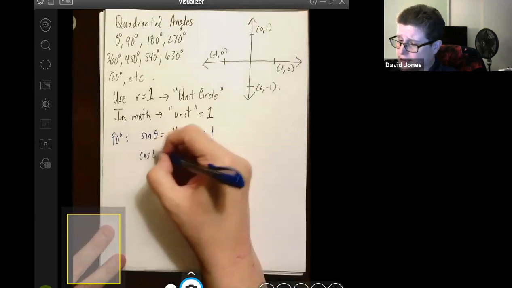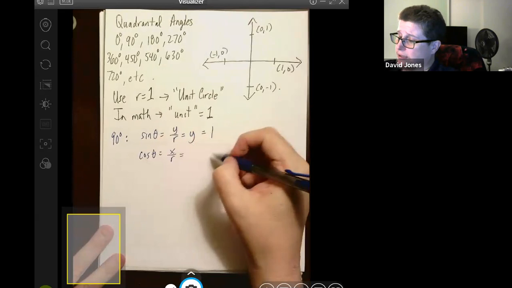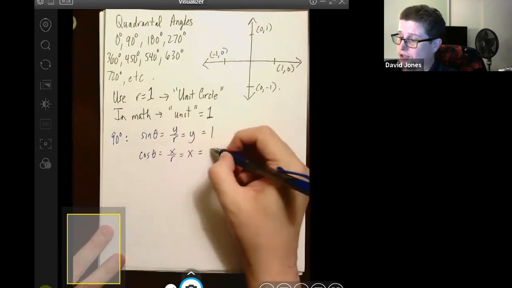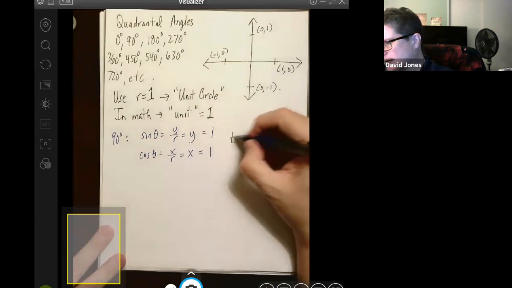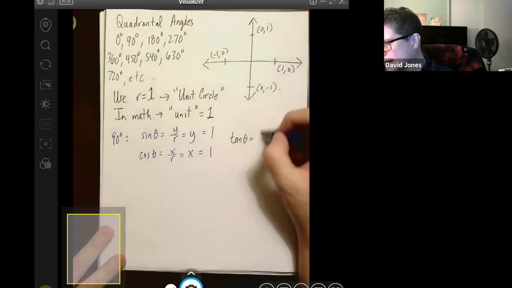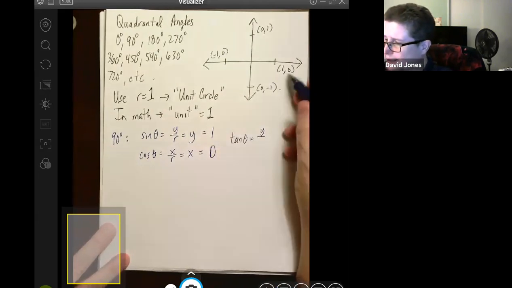Cosine theta is x over r, which is just x, which is 1. Tangent theta is y over x. I'm sorry, x is 0 right there.